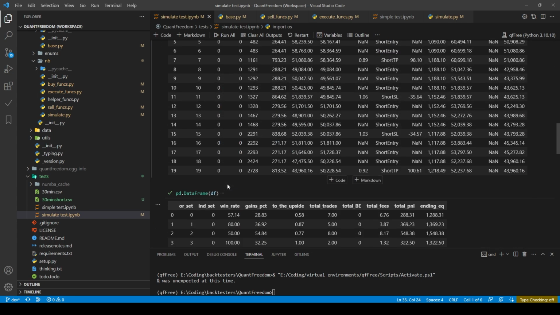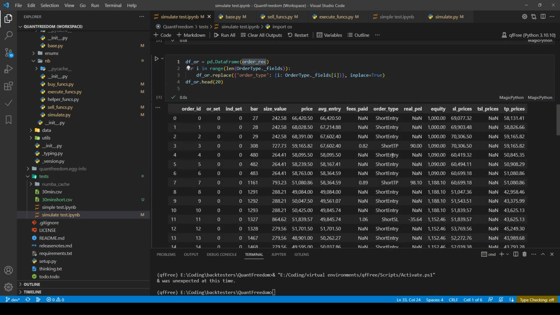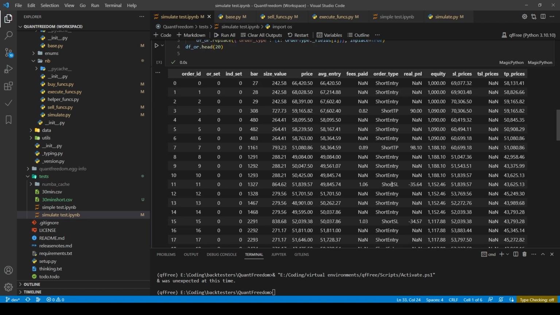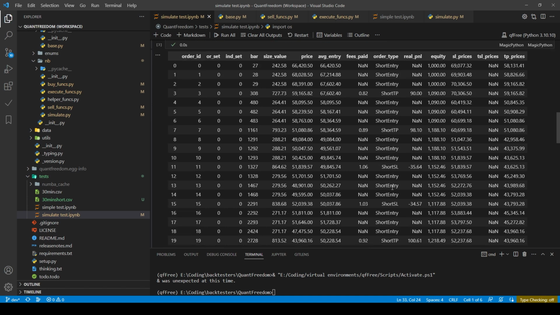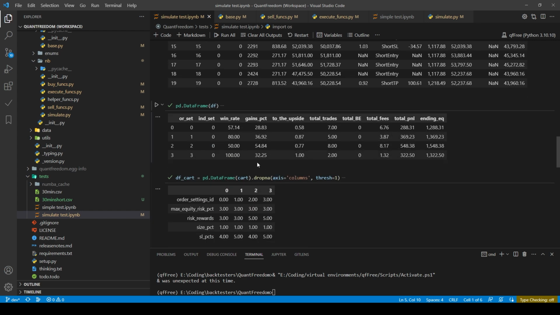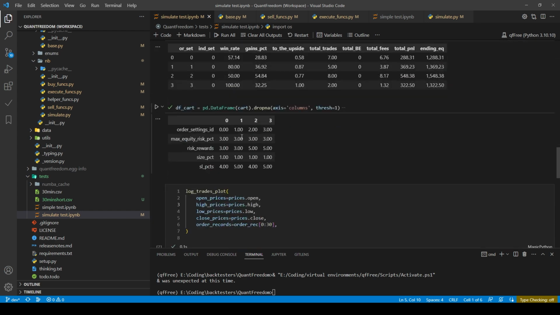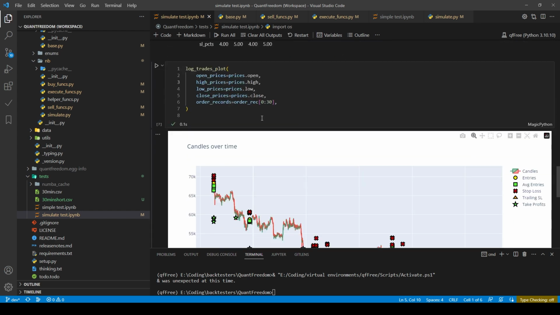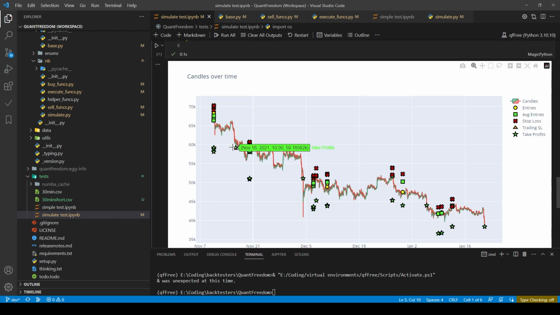And yeah, so we see short take profit, short take profit, short stop loss. Here we have these. This is showing up. And then here, just looking at what's going on, we ended up taking profit here. We ended up taking profit here. We got stopped out here, but got right back in.